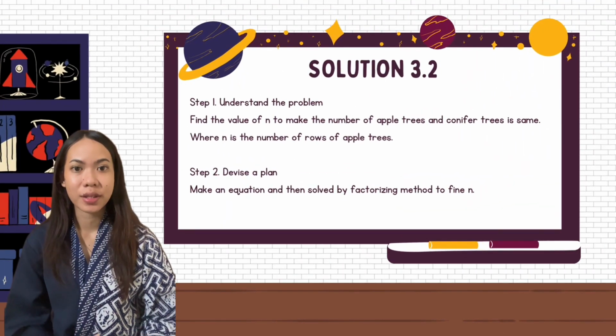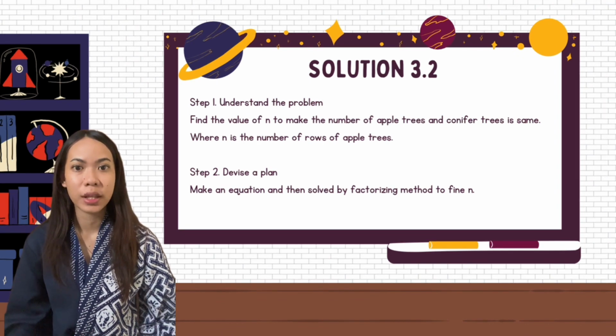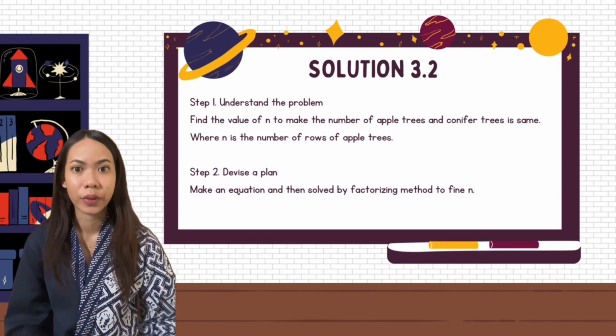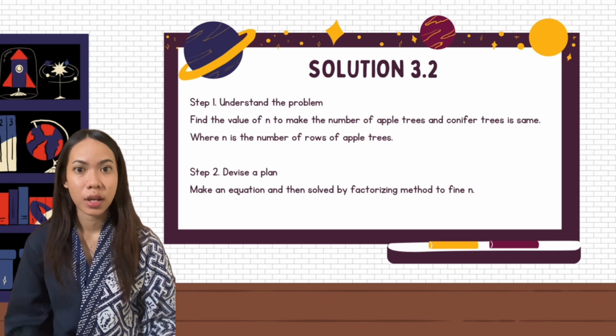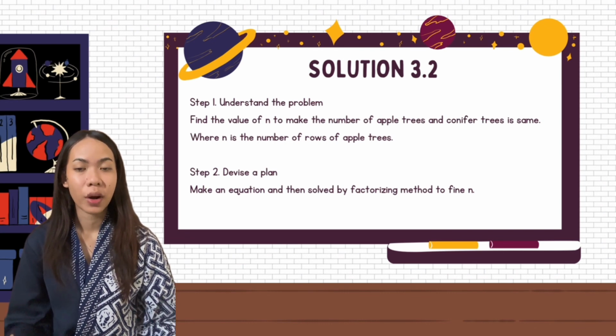Step 1. Understand the problem. We need to find the value of n that makes the number of apple trees and conifer trees the same, where n is the number of rows of apple trees, so n is a positive number. And then step 2, devise a plan.